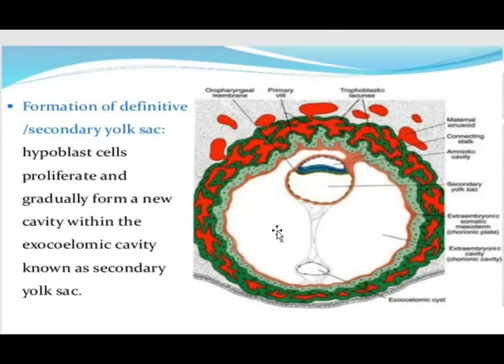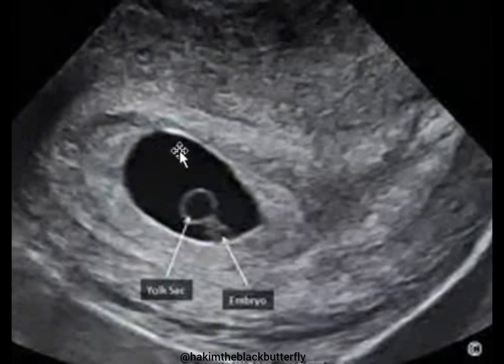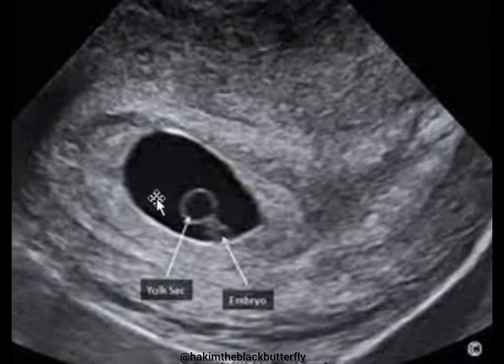The big cavity is the chorionic cavity. Its boundary is the chorionic membrane.